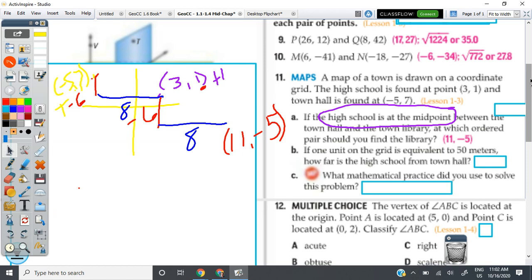What formula do you think we're going to use? What does that formula give us? Right, distance. So when it said how far, that means distance. So we're going to use that big square root one.